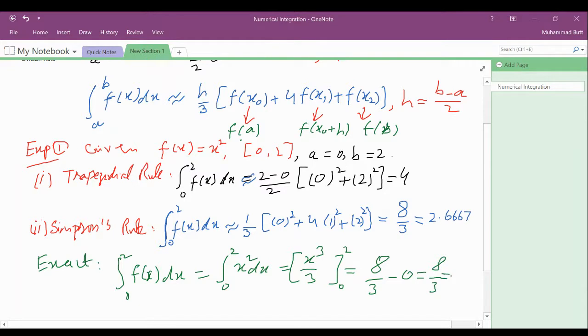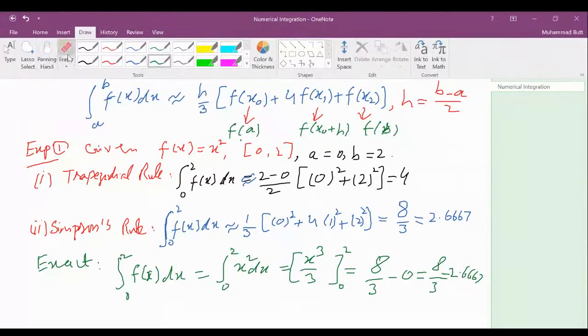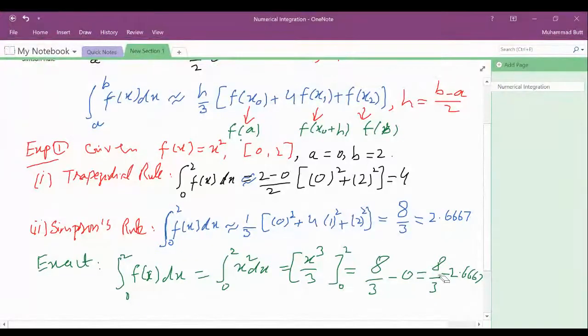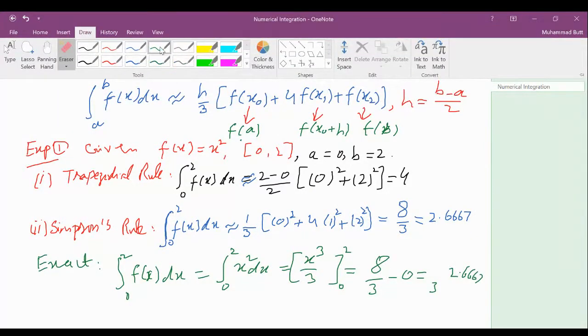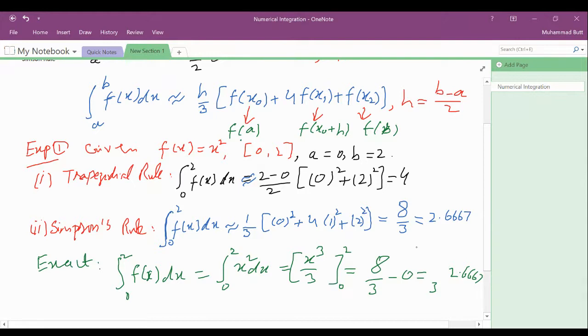So you see what is 8 over 3? 2.6667. So we have the same answer like Simpson rule. Simpson rule somehow gives us the exact value when we have x square, a quadratic polynomial.